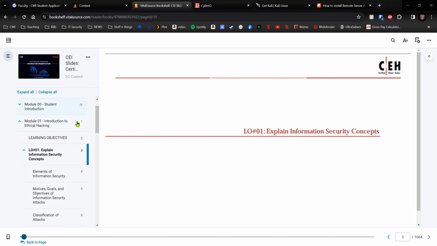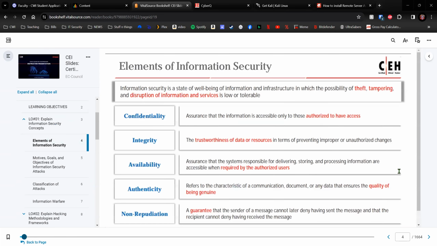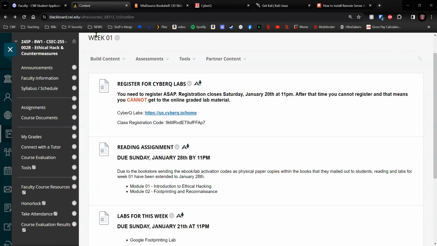So for section 1, elements of information security. Now, these slides, like I said, are not out there right now, but they will be after class. You can see just fine when I flip between tabs on Google, right?